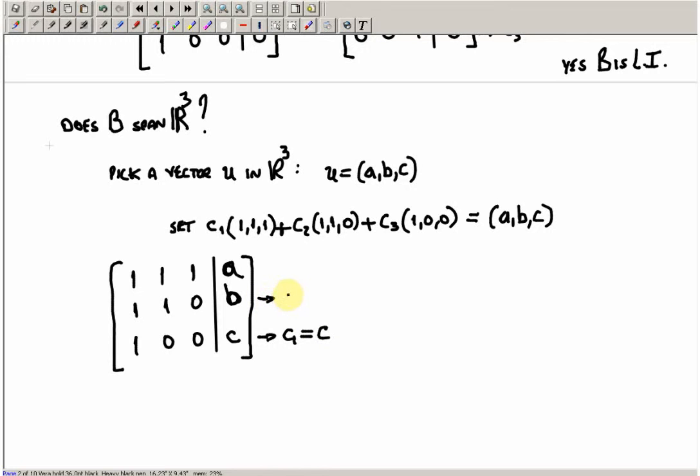It says C2, well, you know what? I'm going to write C1 equals B minus C2. Okay? So this way I can combine these two and solve for C2. And look at the first row. I have C3 being A minus C1 minus C2.